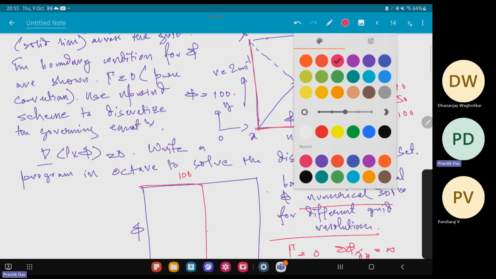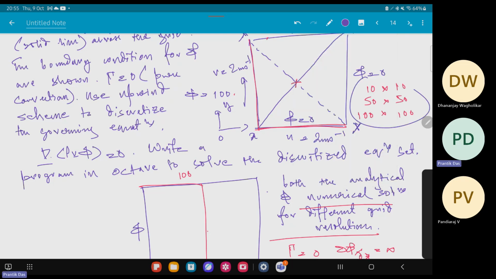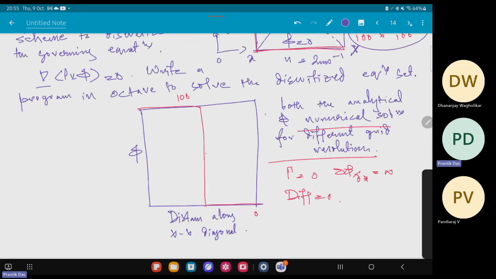Then you have to plot it. You will see that for 100 cross 100, it will go like this, and for 50 cross 50 and 10 cross 10, it will be like this.